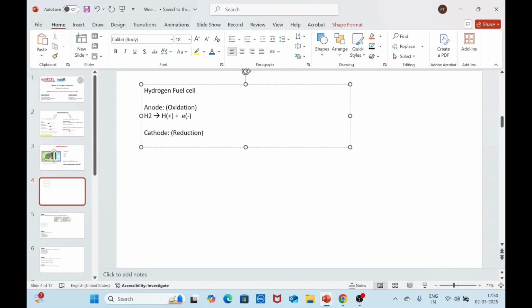On the cathode side, you will supply oxygen, and then this hydrogen that is going to permeate across the membrane will also go for this reaction. And then the electron, once it goes through the load, expends its energy on the load and then moves towards the cathode.